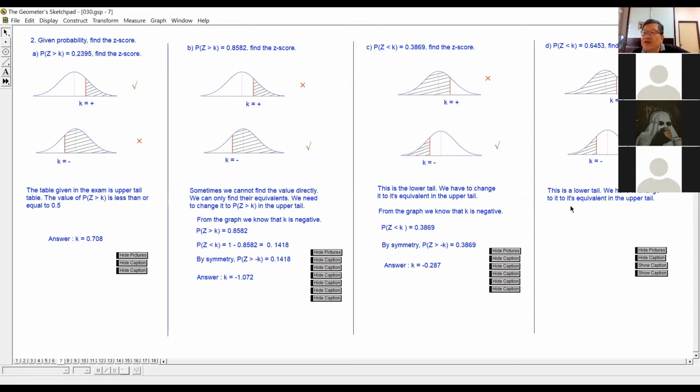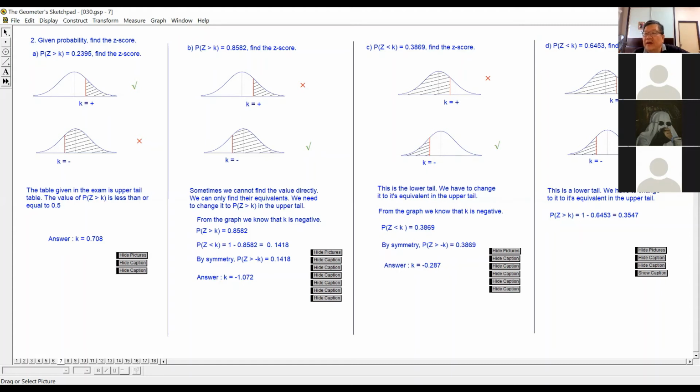So we have to change to its equivalent in the upper tail. What is the equivalent in the upper tail? The probability of z greater than k is 1 minus 0.6453. So if this shaded part is 0.6453, then this part is 0.3547.